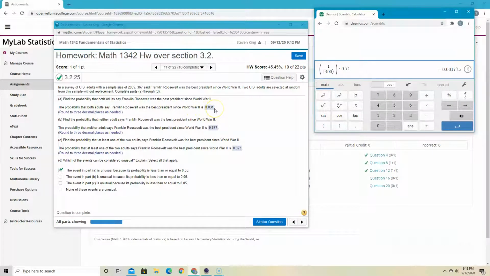0.031. So that's what we have. Good. B. Find the probability when you pick 2 U.S. adults again from this sample group of 2,069.